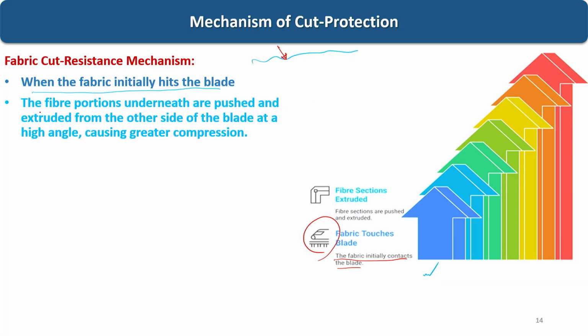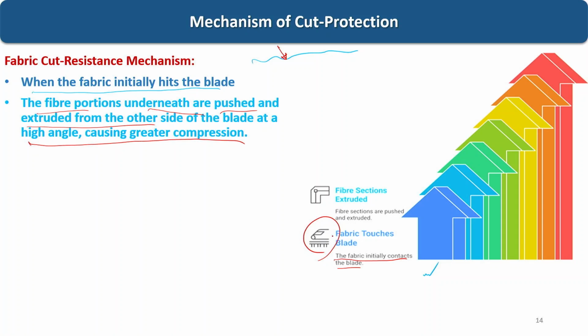the fiber portion below the knife. So, fiber portions underneath are pushed and extruded from the other side of the blade, at high angle causing greater compression.